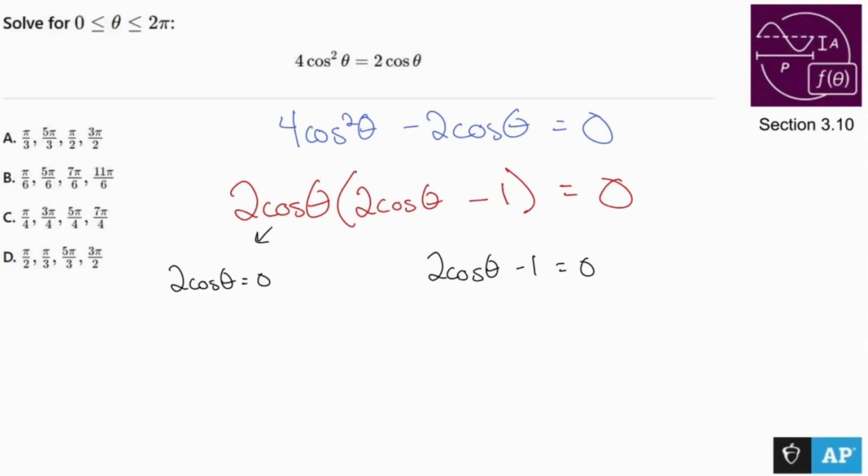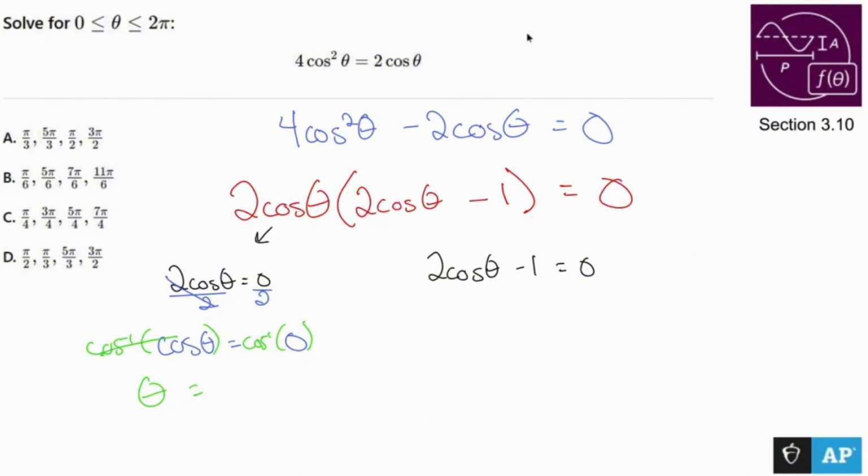In order to solve for theta for this left one, we divide everything by 2. 0 divided by 2 is nothing, so we have cos theta equals 0. Let's inverse cosine both sides. And this is basically now asking us what angle measurement gives us an x value of 0.